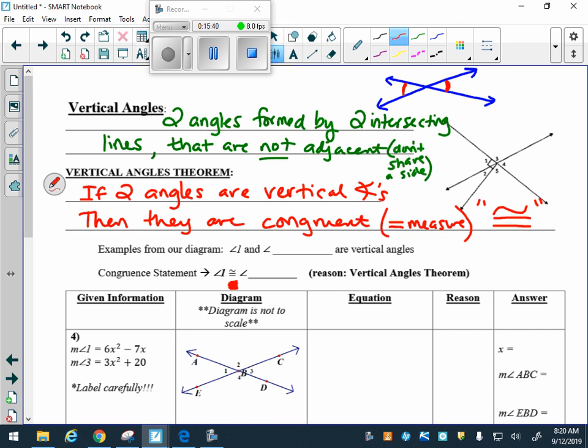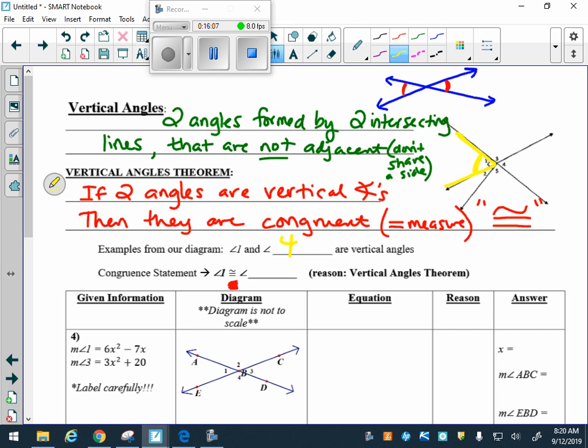Now, in this diagram, it says angle 1 and angle what are vertical angles. So here's angle 1. What is the angle that's vertical to angle 1? Yep, 4. Angle 4 is vertical to angle 1.